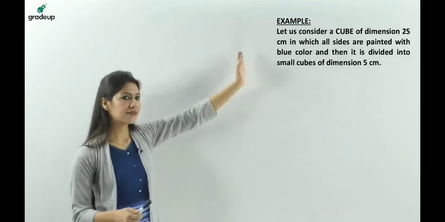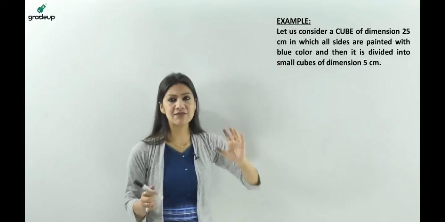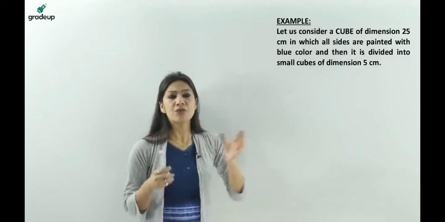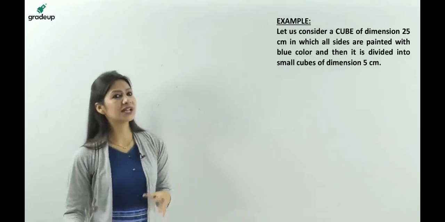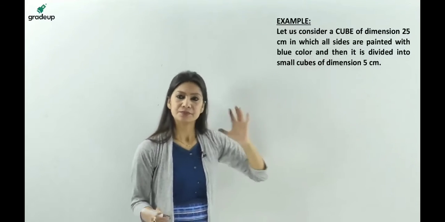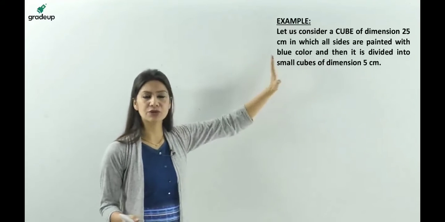So we have an original cube of 25 centimeter, and we are dividing it into small cubes of 5 centimeter.